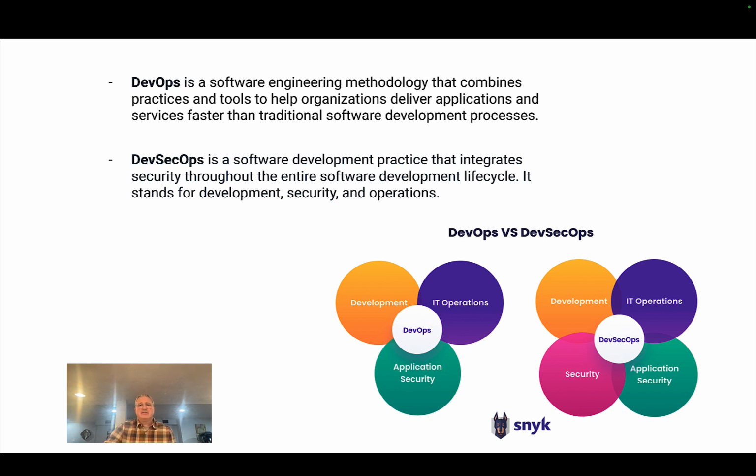DevOps is basically the methodology for how we deliver the end state, right? And they're in charge of what you see down here, the IT operations and the application security, right? Whereas DevSecOps is responsible for all those things and then also add security on top. And it's kind of interesting, you would maybe just have one name and have that person do all of it.